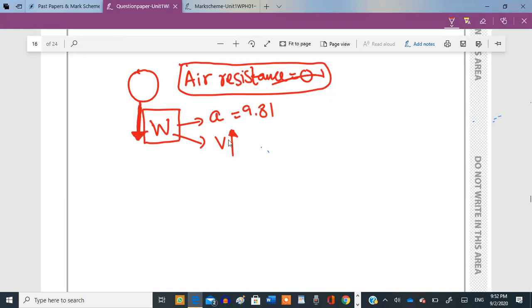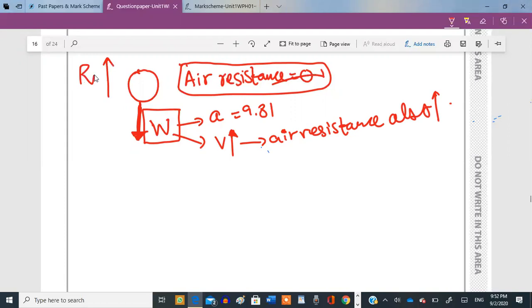Now, as the speed increases, the air resistance also increases. Now, the air resistance, which is the upward force, let me call it R, increases and starts balancing out the weight, and then the net force acting downwards starts approaching 0.